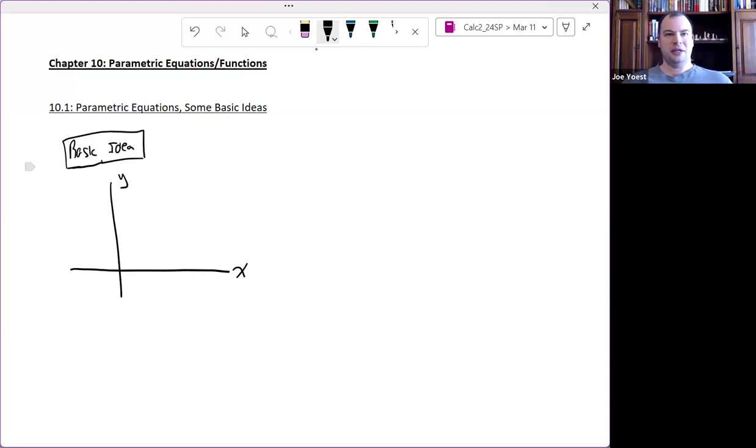Maybe I'm talking about a ball rolling over the surface of a table. Well, to have a regular function, a y of x type function, it needs to be the case that for each potential input, there's at most one output. But is that really the right way to think about a ball rolling around a table where I just have an x-axis and a y-axis?